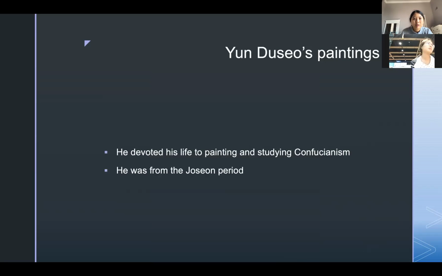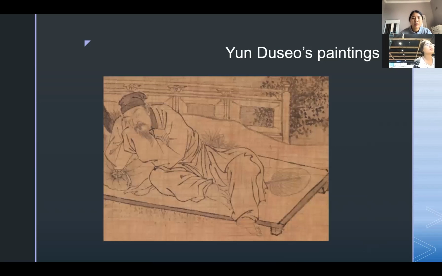Then I will introduce Yoon Do-so's paintings. Yoon Do-so devoted his life to painting and studying Confucianism. He was from the Joseon period. And here's one of his paintings.